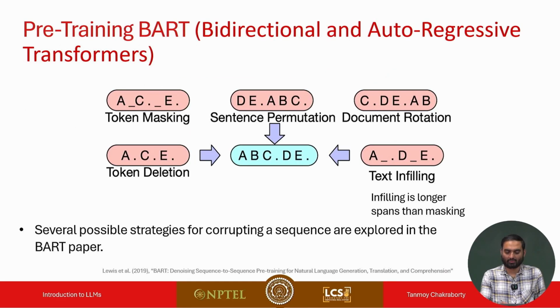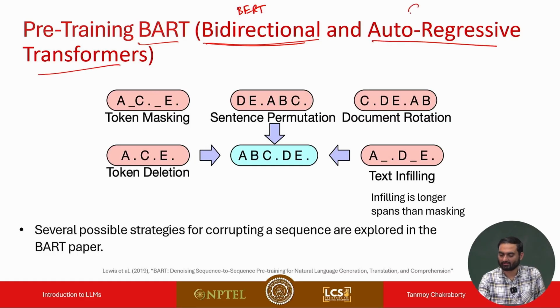So let's see. In case of BART, B-A-R-T, the full form is Bidirectional and Auto-Regressive Transformer. As the name suggests, it essentially leverages the bidirectional part which was there in BERT, and the autoregressive part which is there in GPT, which we'll discuss today.